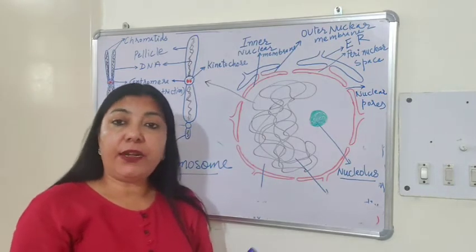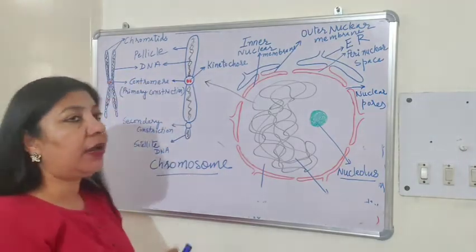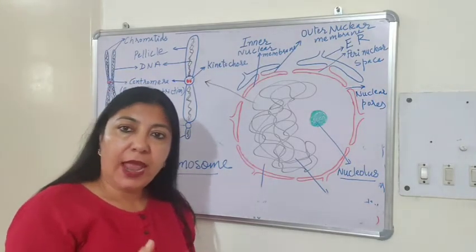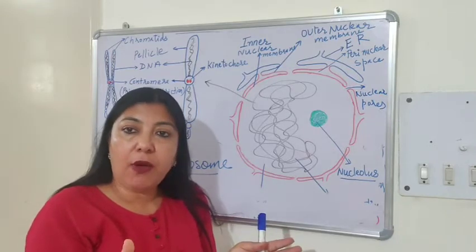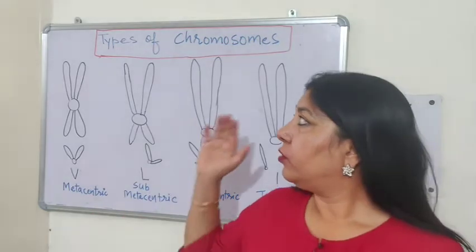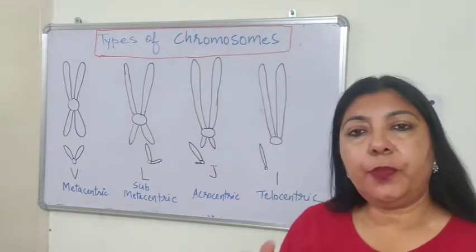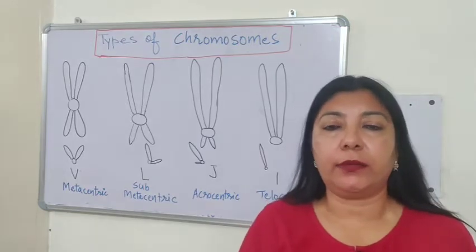Let's now study the different types of chromosomes based on the position of their centromere and what shape they acquire during anaphase. So these are the different types of chromosomes based on the position of their centromere.